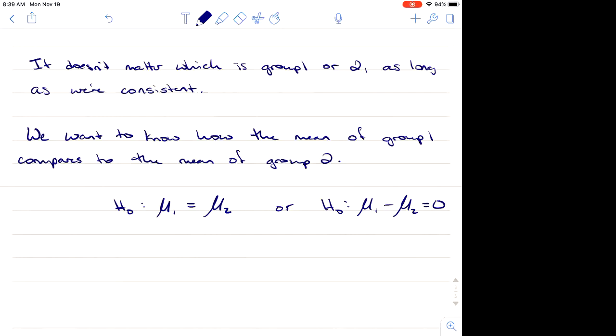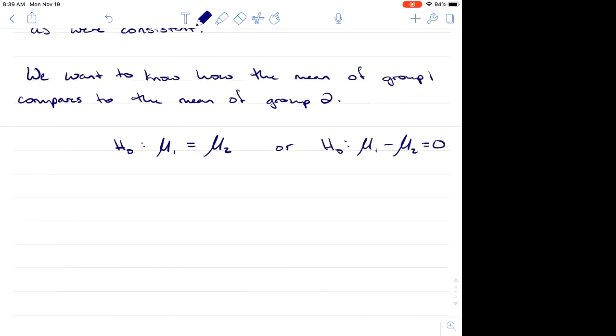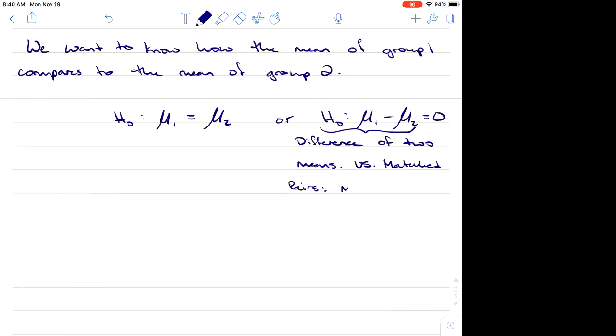Notice that this is the difference of two means, whereas matched pairs was the mean of the differences.